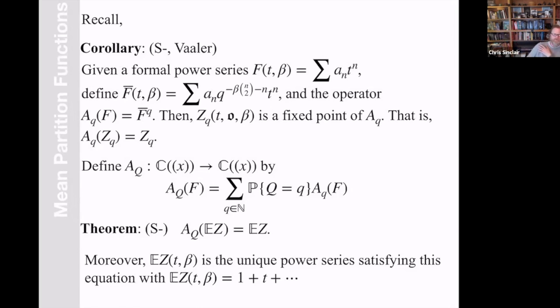That's equivalent to the base case for the recursion or the induction being Z_0 equals 1, Z_1 equals 1. That means that the power series always starts 1 plus t, and the unique power series which is the fixed point of this particular operator with that property is going to be the expected grand canonical partition function.